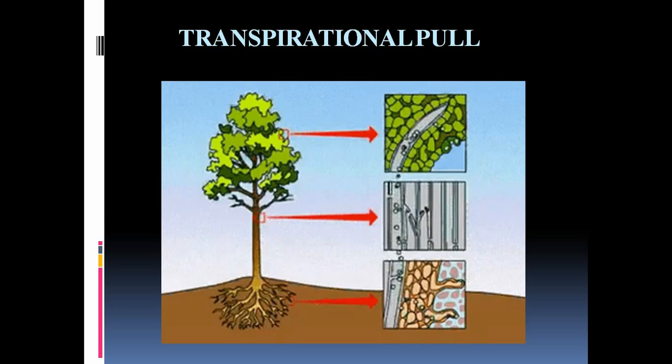Cohesion means the tendency of water molecules to remain joined. So the first water molecule pulls the next water molecule, then the next water molecule pulls the next, like that.